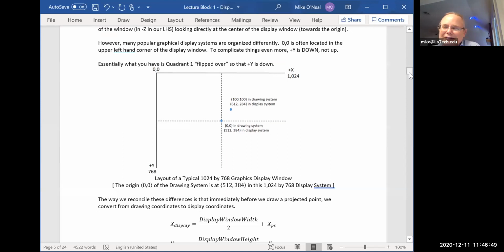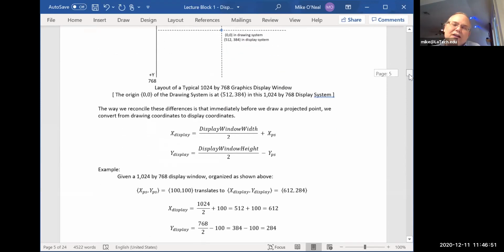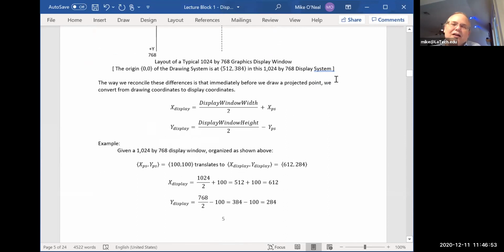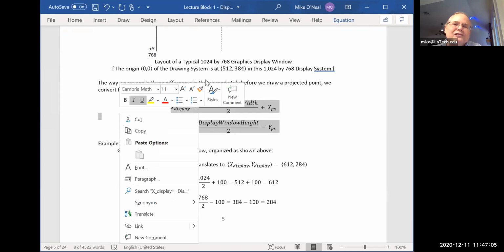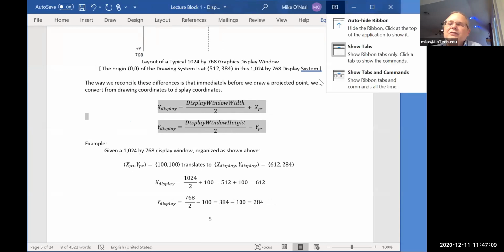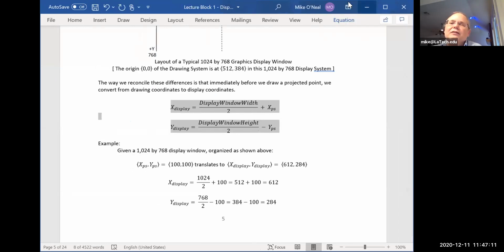That's good. Okay. So the important thing is I guess I should have bolded these. I like to bold the most important equations. Make that bold.